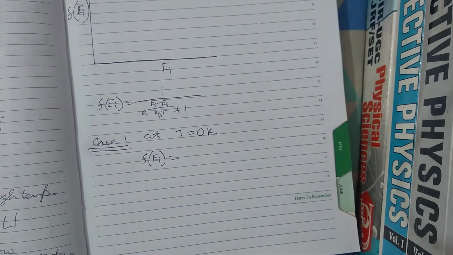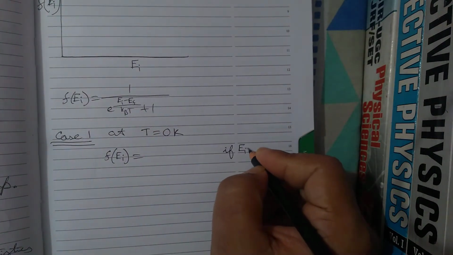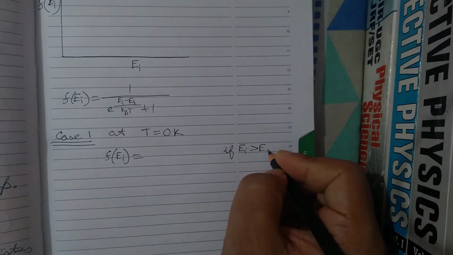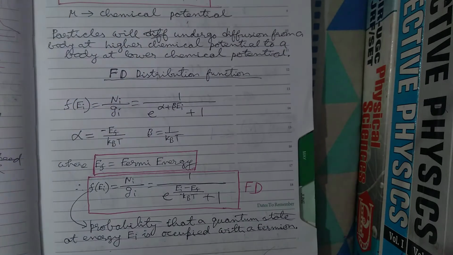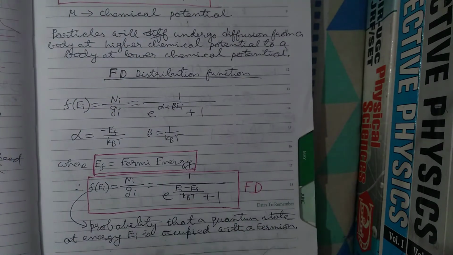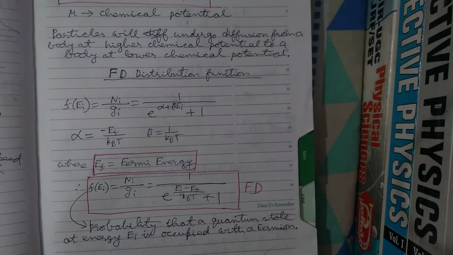Now it depends. If E is greater than EF, EF is the Fermi energy, which I will describe now.